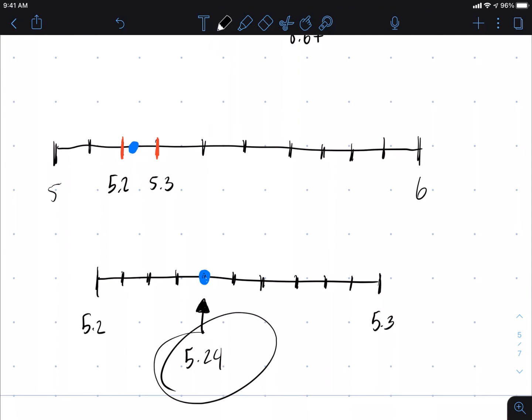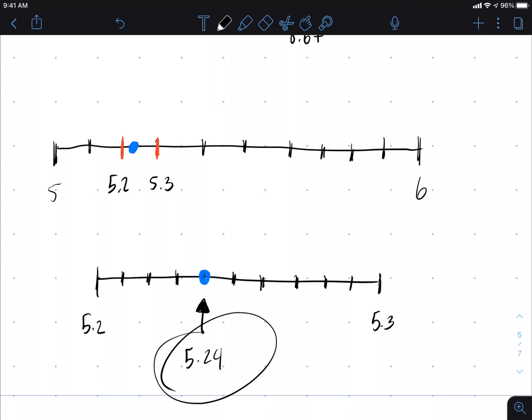So first they give you this piece, and that's where you get, okay, it's between 5.2 and 5.3. Then the next piece is, okay, now they've zoomed in. So this number is 5.2. This number is 5.3. Can you see my mouse? Yeah, I see it now.